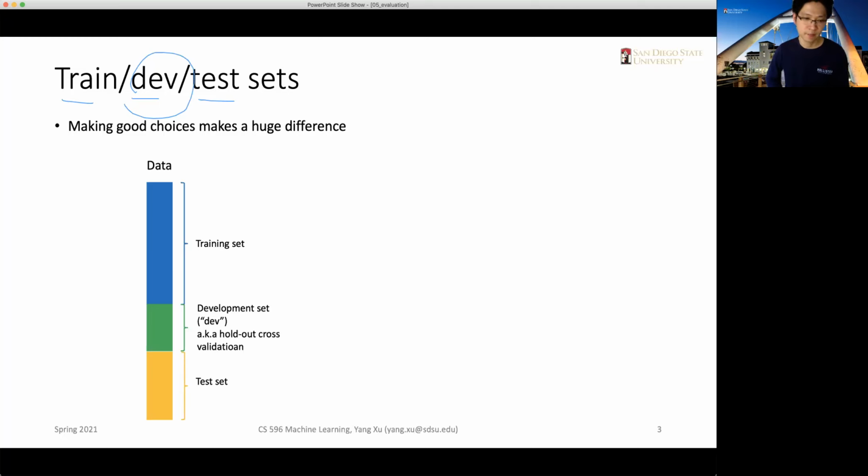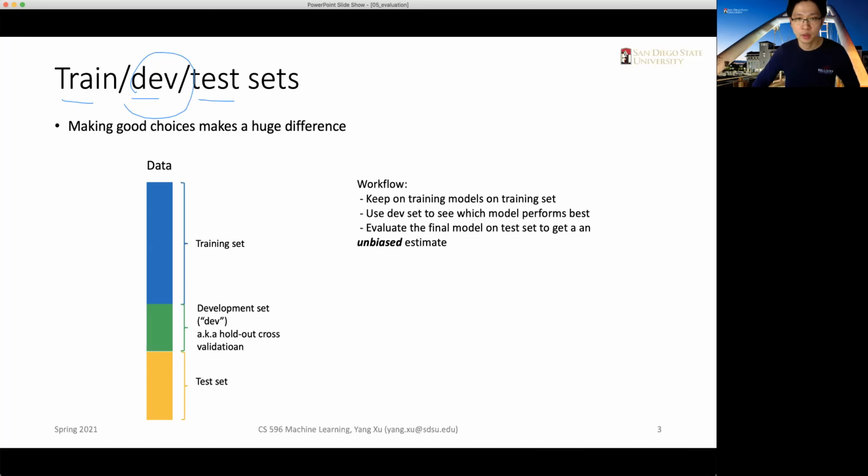Say you have tens of thousands of images or hundreds of thousands of images or text data or whatever other kinds of data that you want to train your model on, then it makes sense to have such a train, dev, test split. Okay, so the usual workflow is that you keep training your model only on the training set.